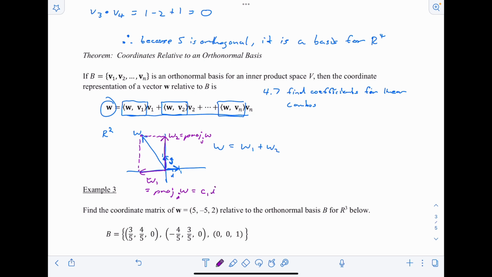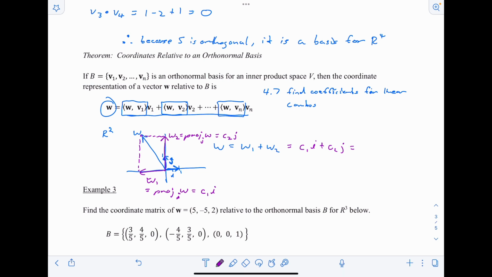And likewise, W2 is just a scalar times J. Okay, so then I can think of W1 plus W2 as being just a constant times I plus a constant times J, which is exactly what this formula up above is doing.